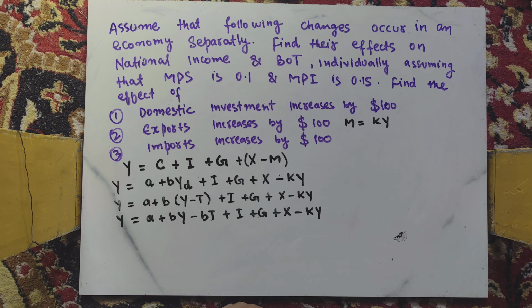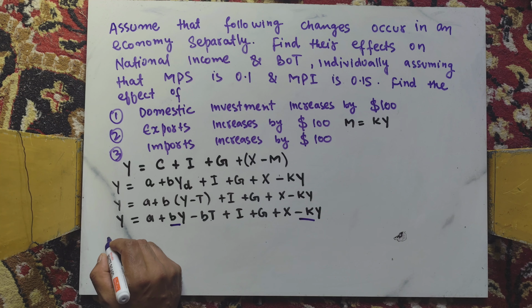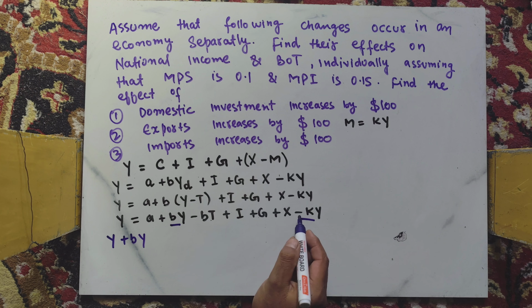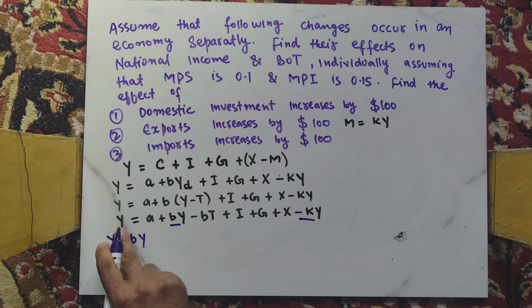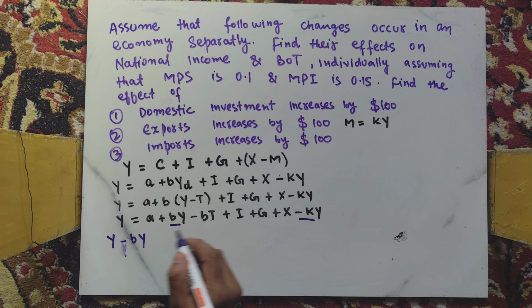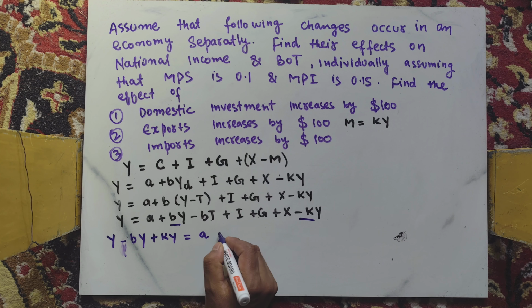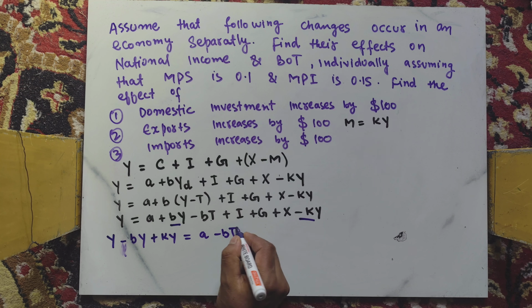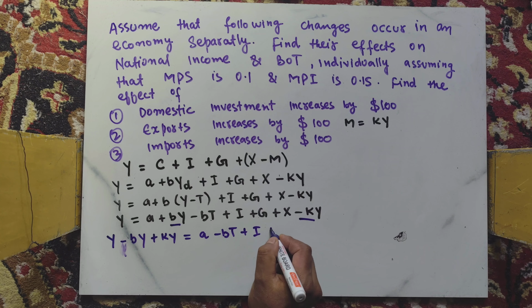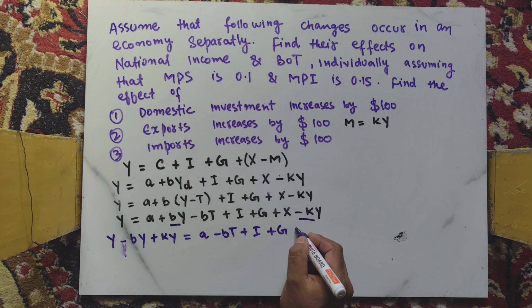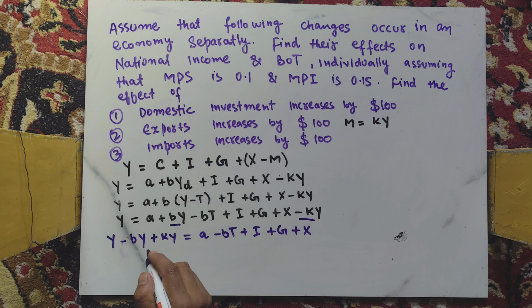Now solving further, transpose this term and this term to the LHS. So we have Y, it becomes minus BY, and transposing this, it becomes plus KY, equal to A minus BT plus I plus G plus X. Okay, now let's take Y common.